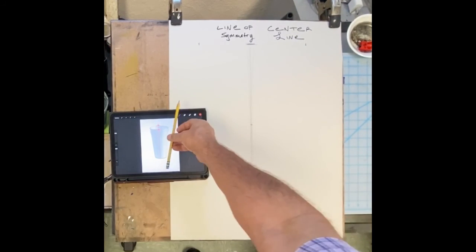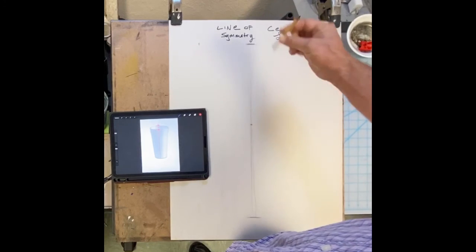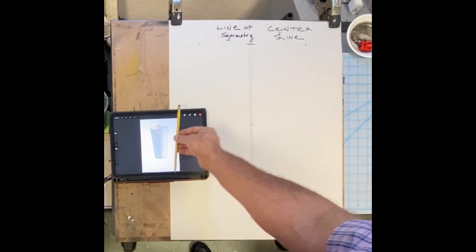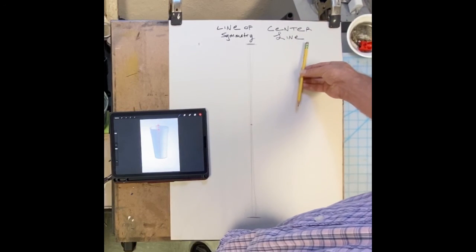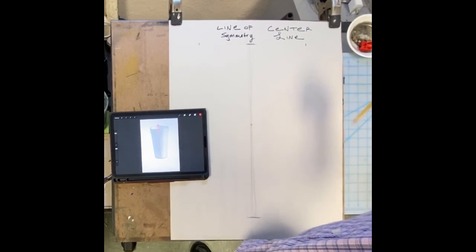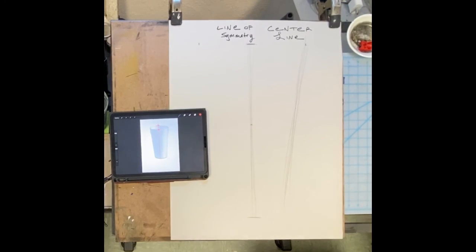The next thing that we're going to do is find the angle of that diminution. So here's my angle. I look at it, compare it, put my pencil, make a mark. Okay, so there's that one side.